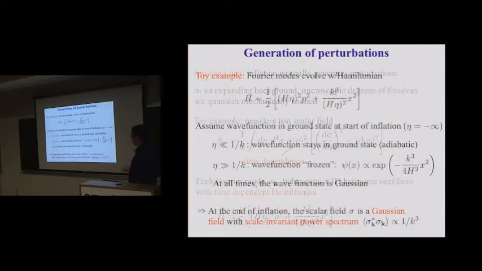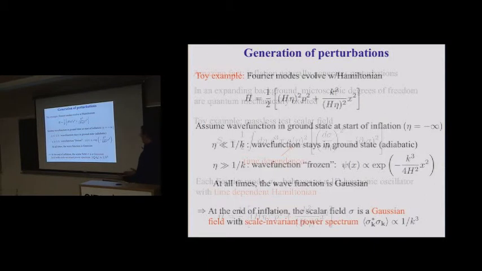Toward the end of inflation, at late times, we're in the opposite limit where the Hamiltonian is changing so quickly that the wave function can't adapt. The functional form of the wave function in position space is essentially frozen while the Hamiltonian changes.